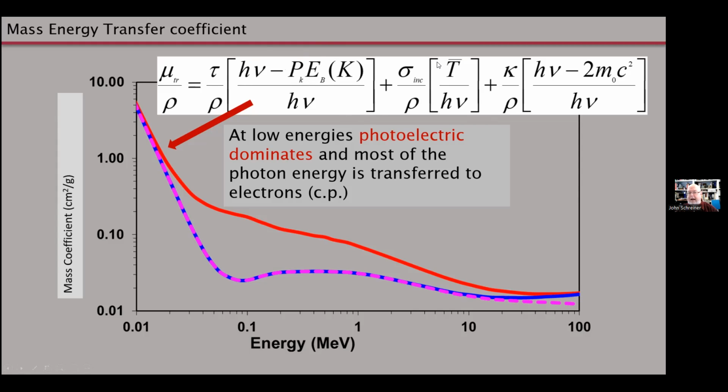In Compton scattering, I have this recoil happening, and some energy is going to the charged particle. And in pair production, the energy that goes to charged particles is reduced because of the energy of the electron and positron pair that you're creating.